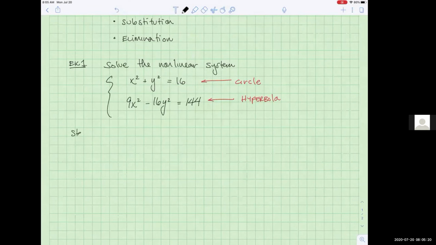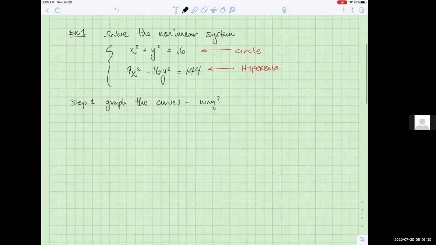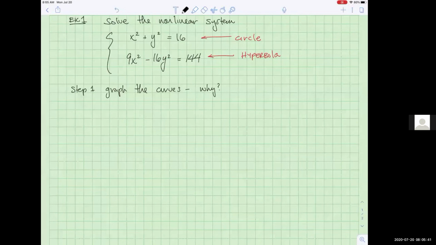So step 1, graph the curves. Now, we're not actually going to use the graph to solve this system. We could if it worked out fairly well, but there's a couple of reasons why we want to graph these curves. Why? These are some big ideas. 1, the system may have more than one solution.